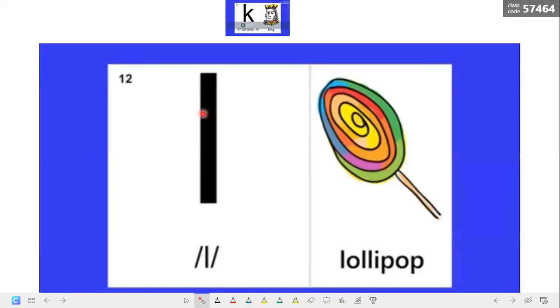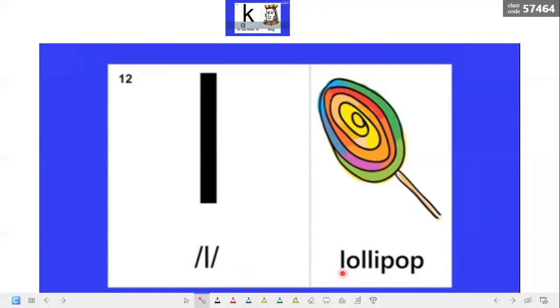And also we have number 12, the letter L, and it is pronounced L. Okay, it could be dark and it could be light according to its position in the word.